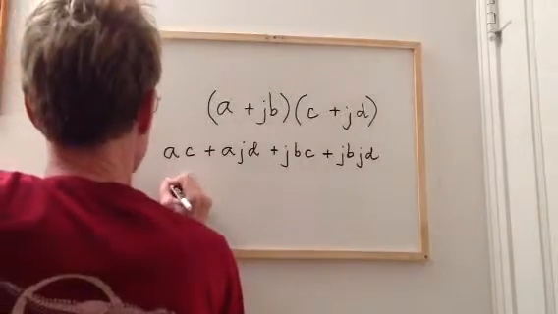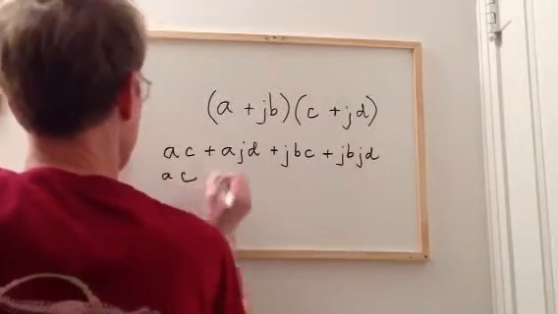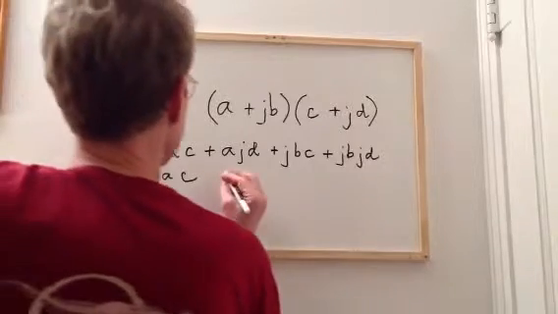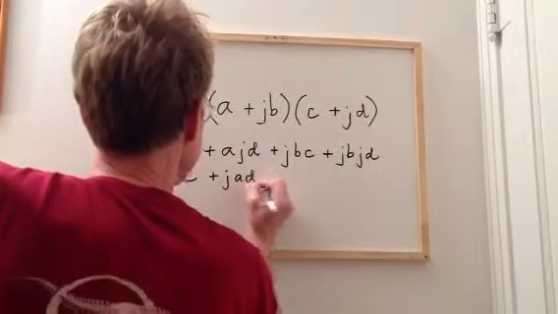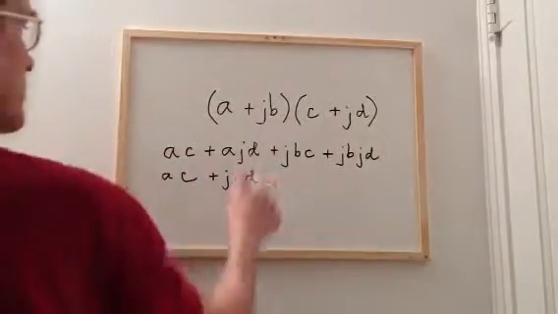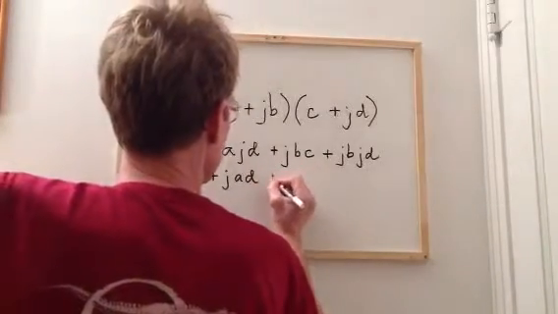We can't simplify AC any further. AJD, we can call that JAD. JBC, we can leave alone.